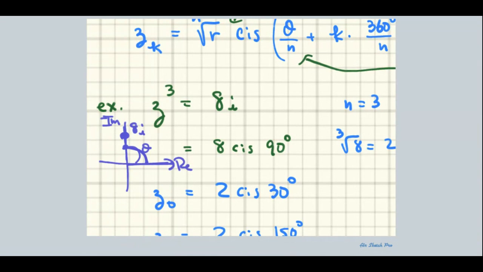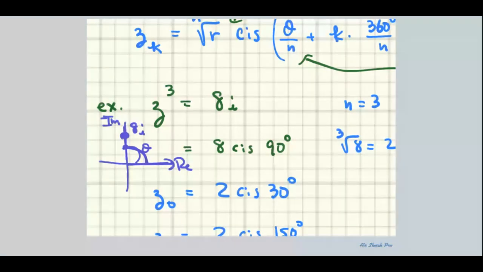This is 8 times the cosine of 90 degrees. What's the cosine of 90 degrees, guys? I'll give you a hint. Yeah, exactly. Thank you. Plus i times the sine of 90 degrees.